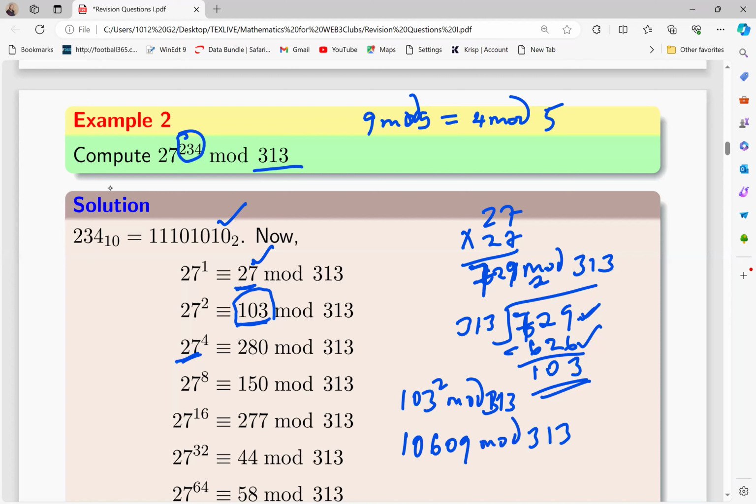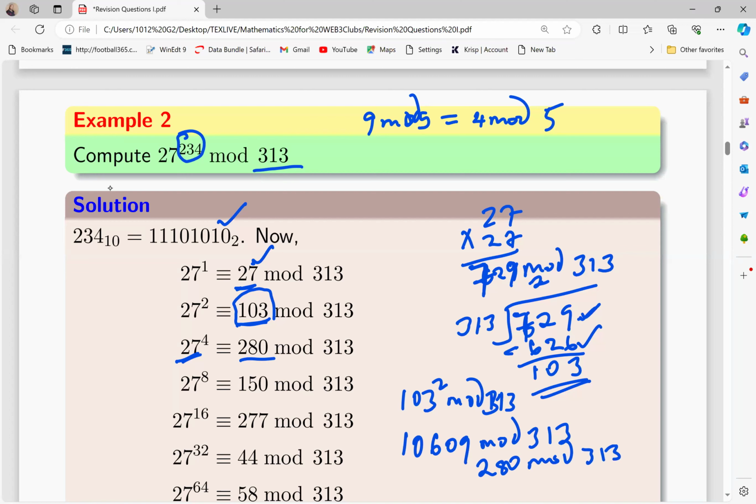This number is bigger than 313, so you divide and write the remainder there. So what is the remainder? 280. That's what I wrote there.